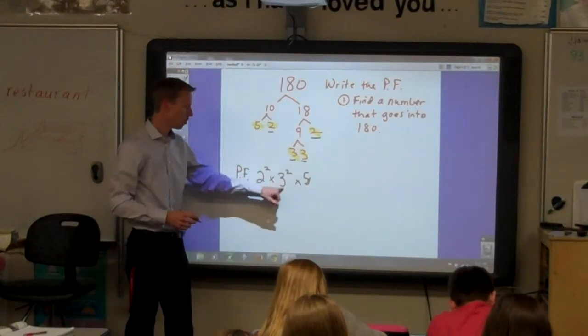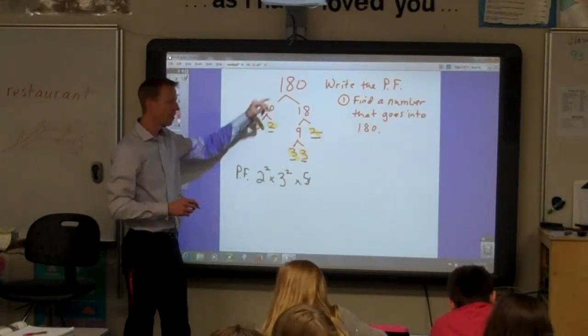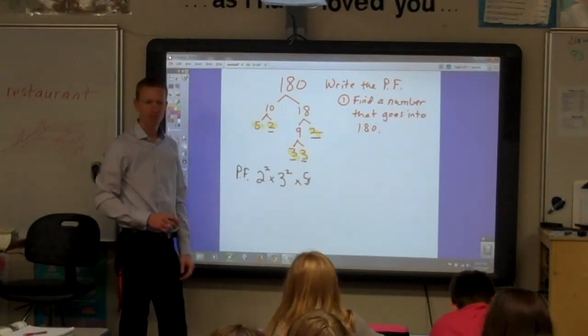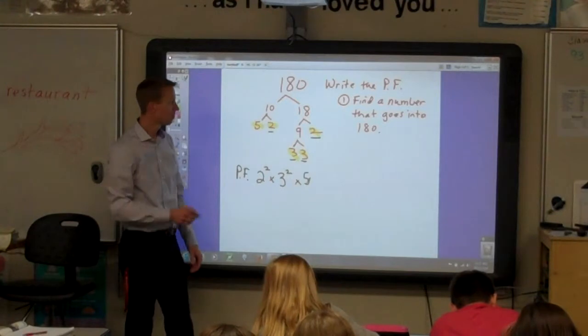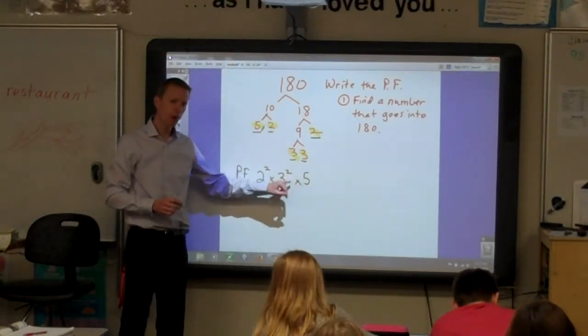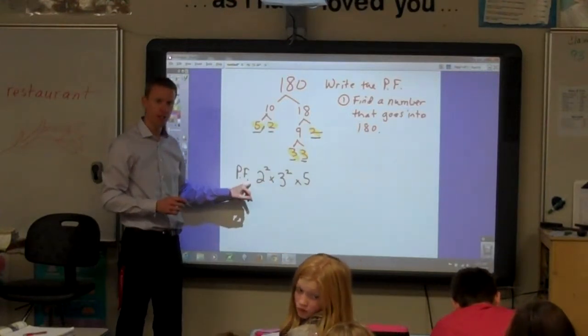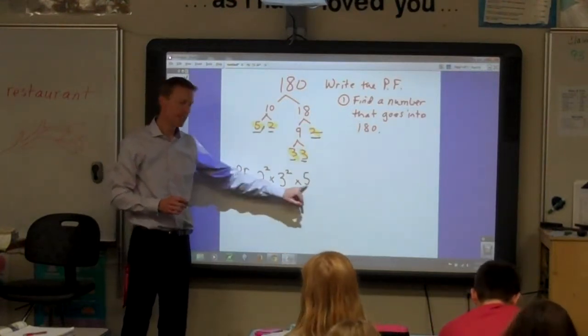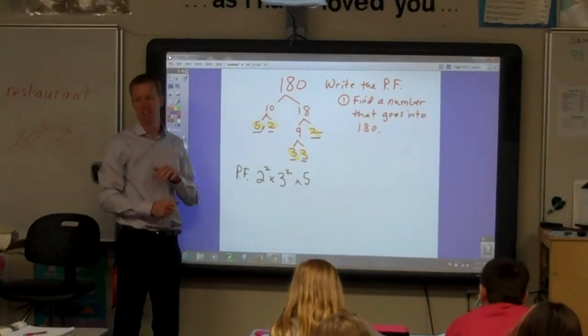And what does this equal if you were to multiply this out? Lily? 180. Right. So you can check your formula if you want to. Always make sure that your formula only has prime numbers in it. This is called the prime factorization. So you can't have composite numbers in your prime factorization formula. Okay?